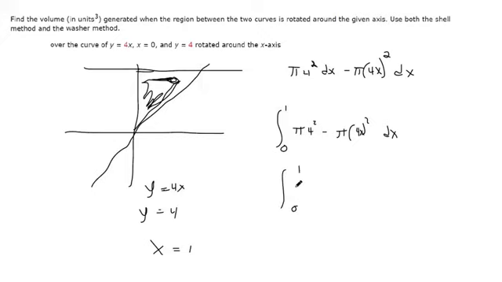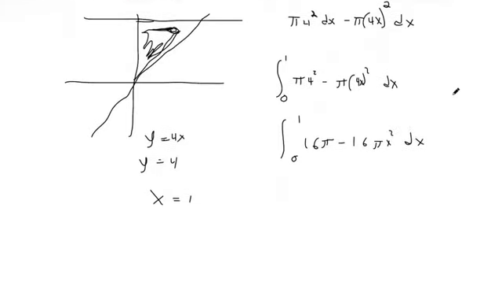So if we just do the calculus part now, this is 16 pi minus 4x squared, so that's 16 pi x squared. I think I got that right, yep. And then if we take each antiderivative, this is 16 pi x, because that's just a constant. And then this is 16 over 3 pi x to the third for an antiderivative.